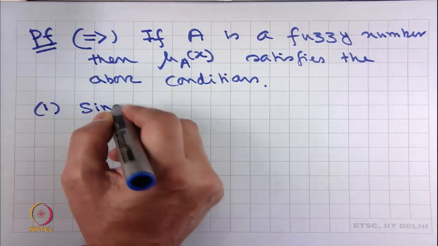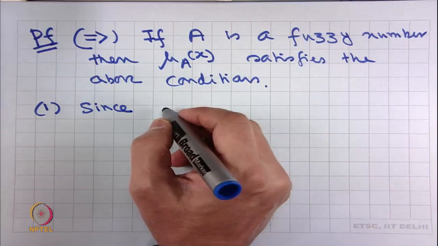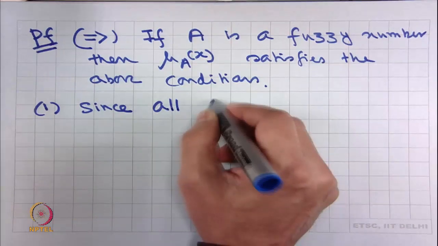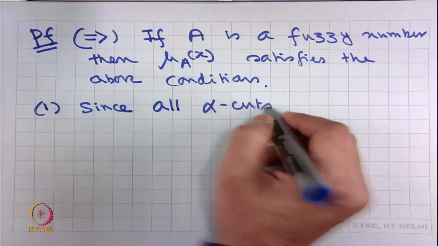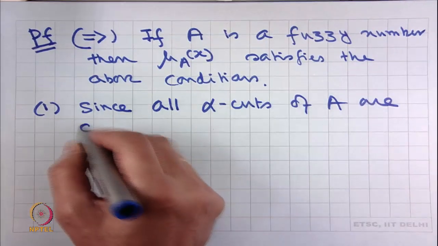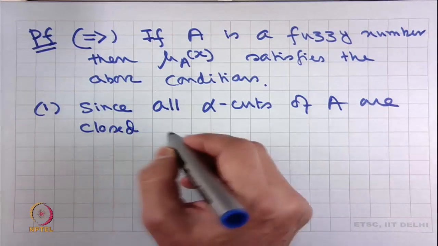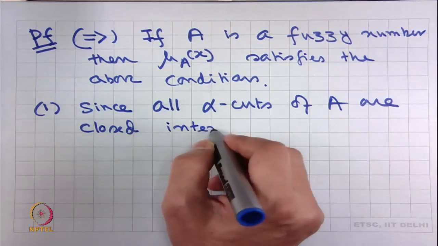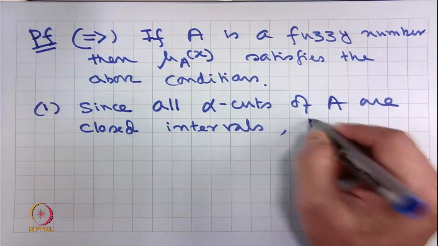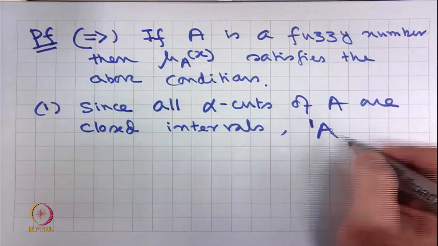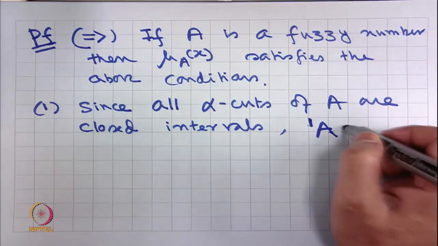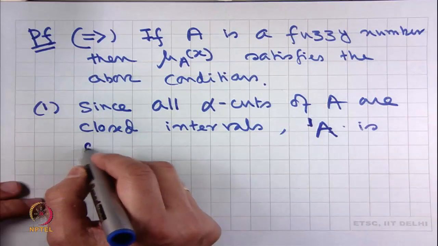Since all alpha cuts of A are closed intervals, the alpha cut of A for alpha equal to 1 is also a closed interval.